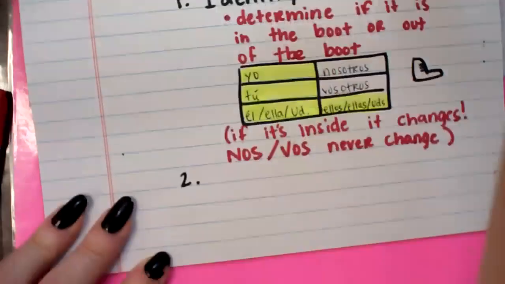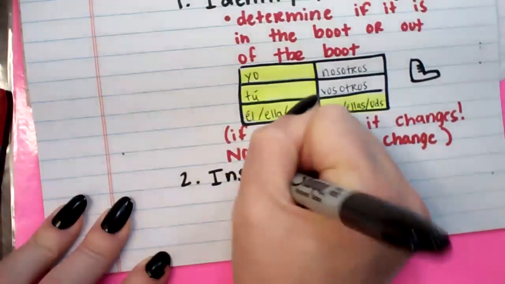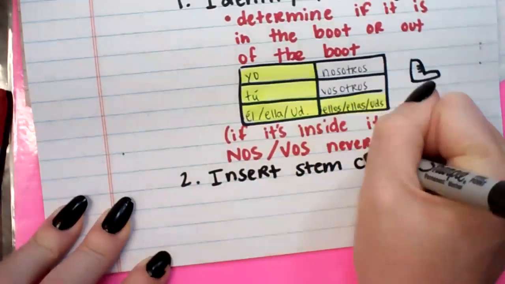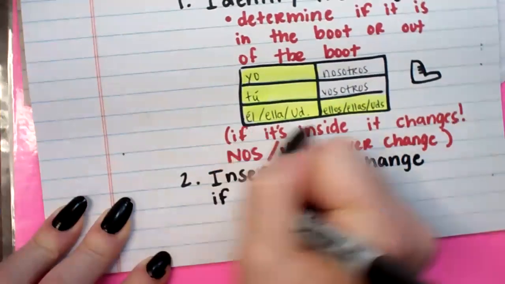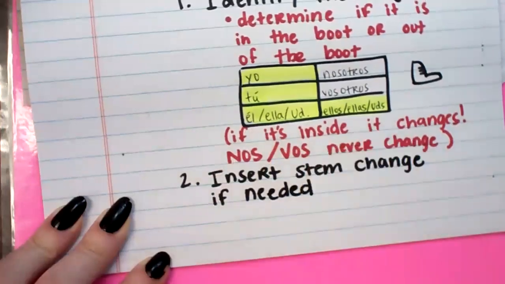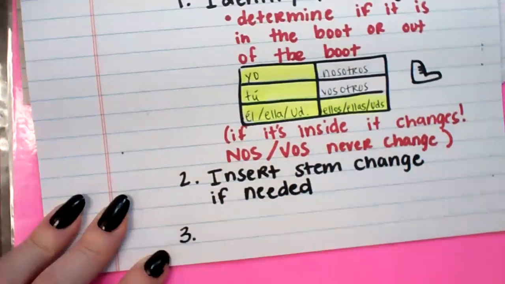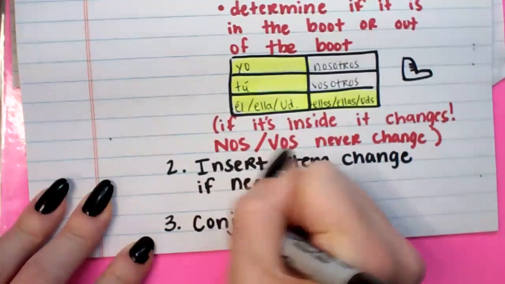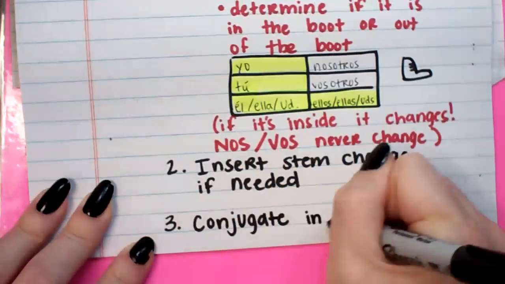So second step is to insert stem change if necessary. And then step 3 is to conjugate the infinitive ending.